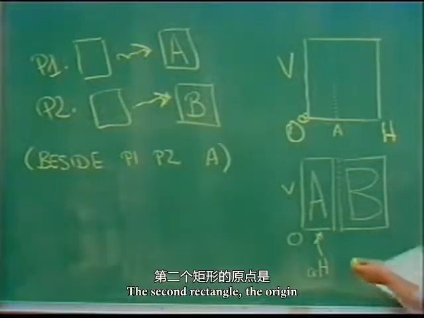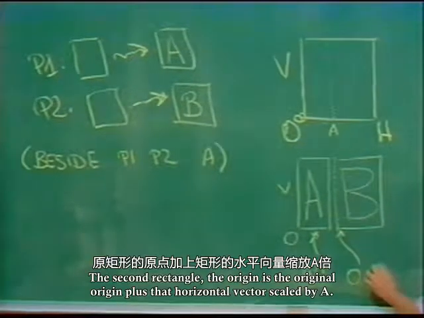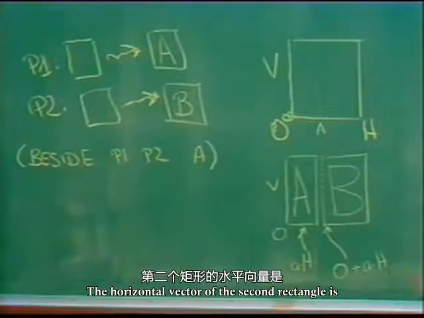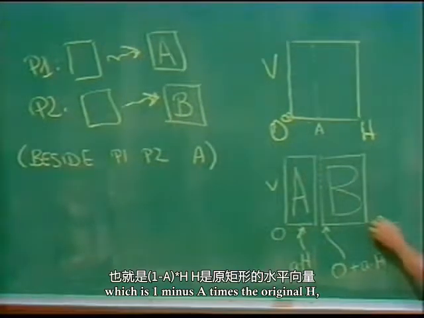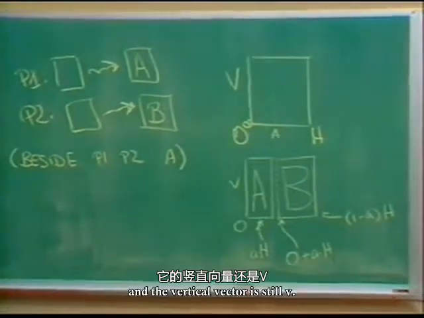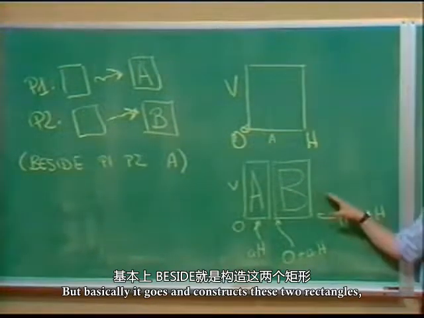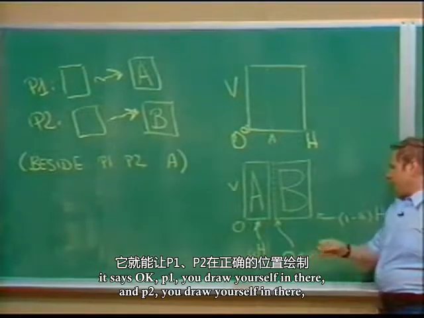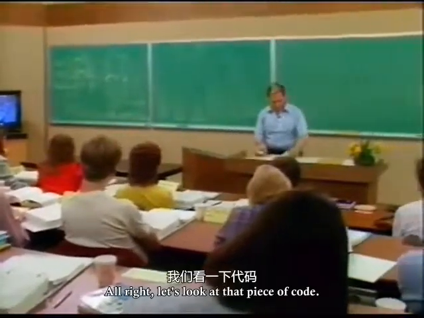The second rectangle, the origin is the original origin plus that horizontal vector scaled by A. The horizontal vector of the second rectangle is the rest of the horizontal vector, which is 1 minus A times the original H, and the vertical vector is still V. But basically, it goes and constructs these two rectangles, and the important point is, having constructed the rectangles, it says, okay, P1, you draw yourself in there, and P2, you draw yourself in there, and that's all beside has to do. Right, let's look at that piece of code.